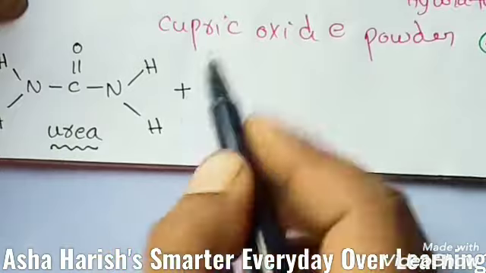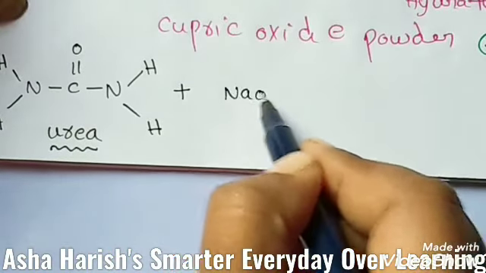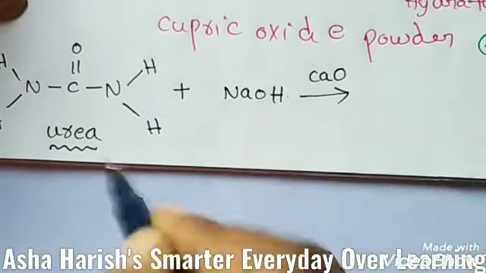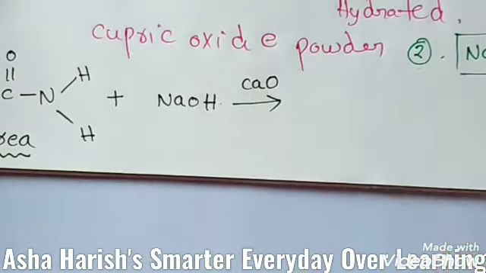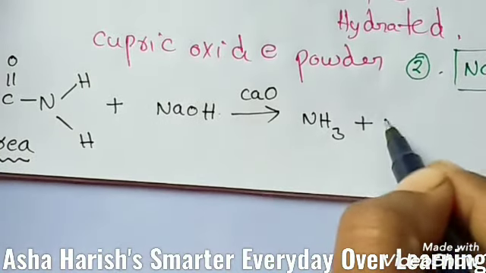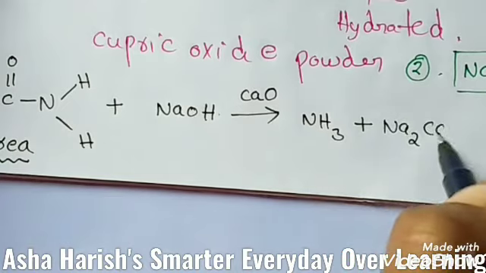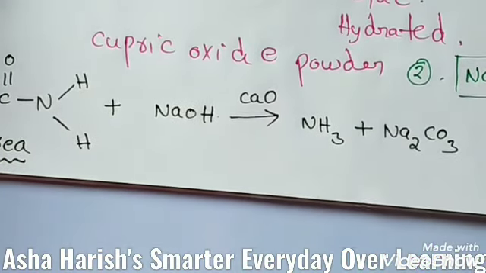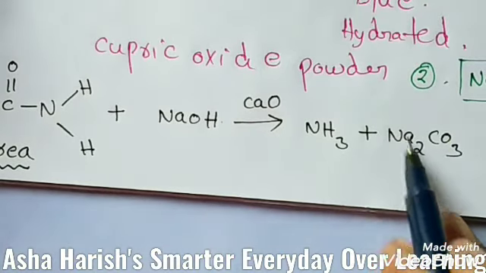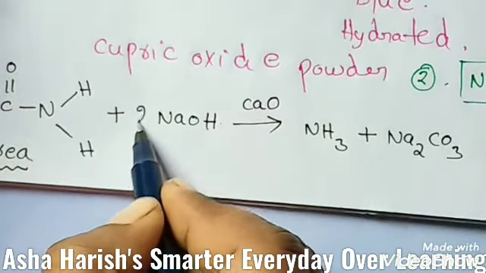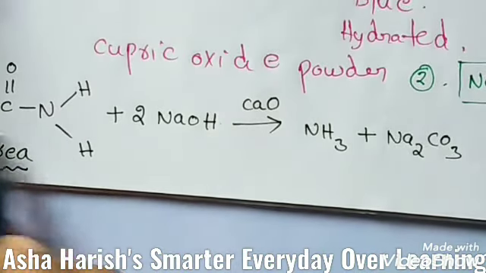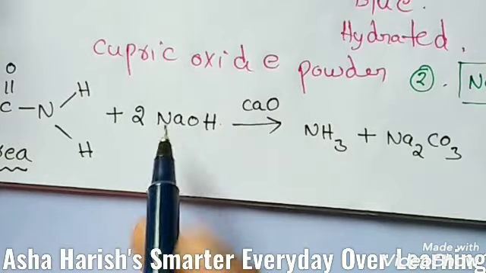Right. To this, if you add NaOH, sodium hydroxide, in the presence of calcium oxide, then what you should get here is NH3, ammonia, plus sodium carbonate, Na2CO3. While balancing the chemical equation, there are 2 sodium atoms, so if you place 2 here, then there are also 2 nitrogens and 2 sodiums.